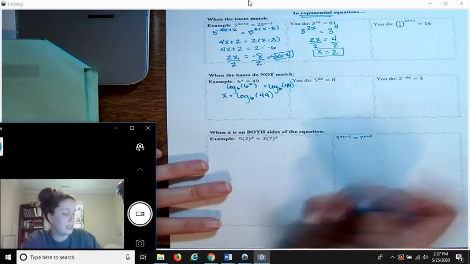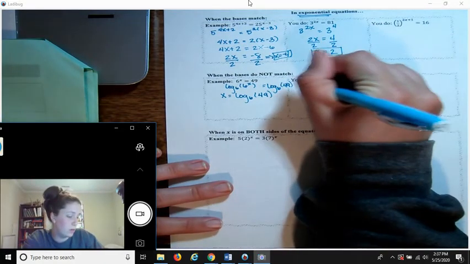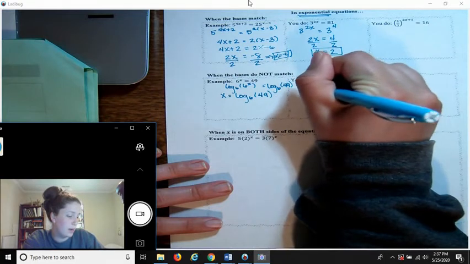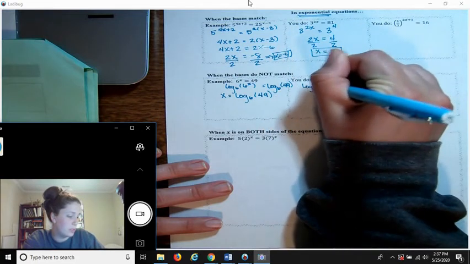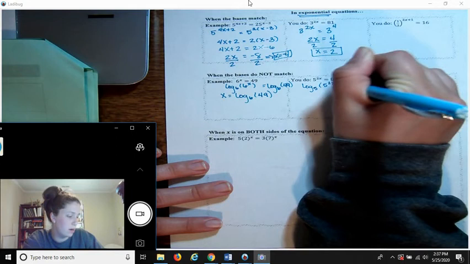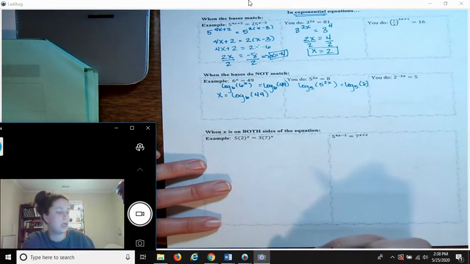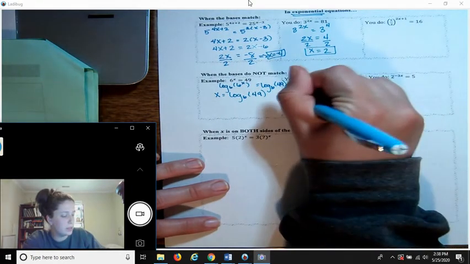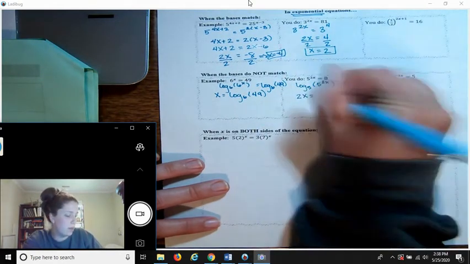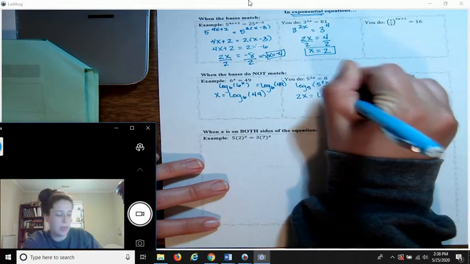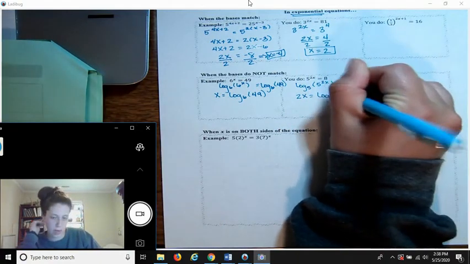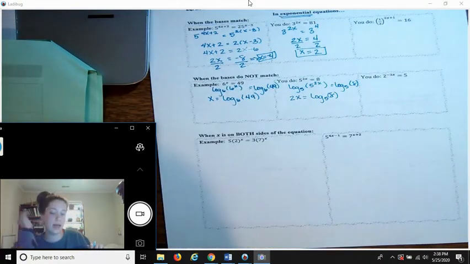Over here, I would take log base 5 of both sides. So log base 5 of 5 to the 2x equals log base 5 of 8. I would be left with 2x on the left, and log base 5 of 8 on the right. Then I can just divide by 2.